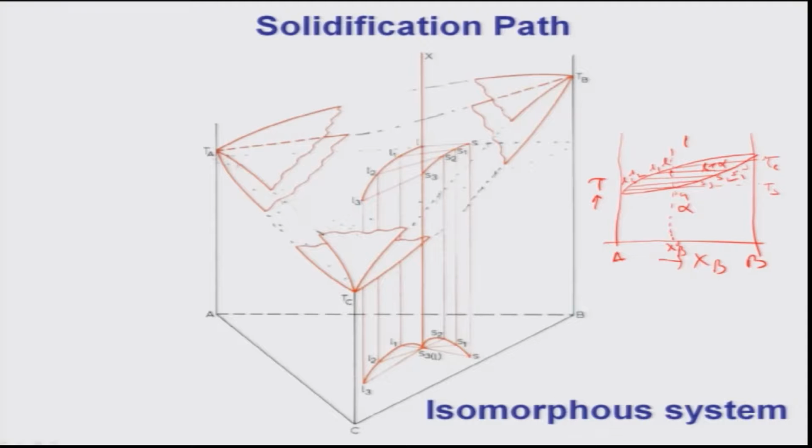As you can see here, S and L are connected by a tie line. Similarly, S1 L1 is connected, S2 L2 is connected, and S3 L3 is connected. Because these points lie on the Gibbs triangle, I know their compositions very easily, since each point corresponds to a ternary composition inside the triangle.